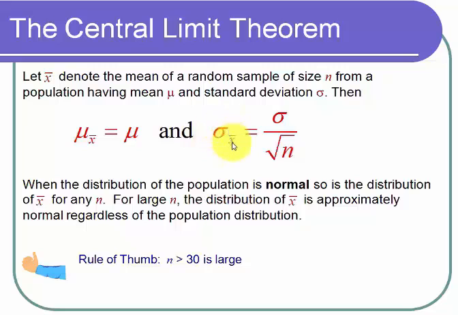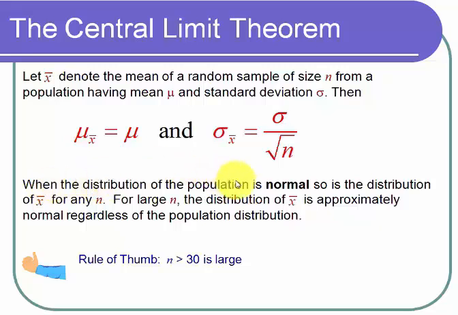And sigma sub x bar, the standard error, or the standard deviation of the sampling distribution, is always exactly equal to sigma divided by the square root of the sample size, no matter what the distribution was that we started with.